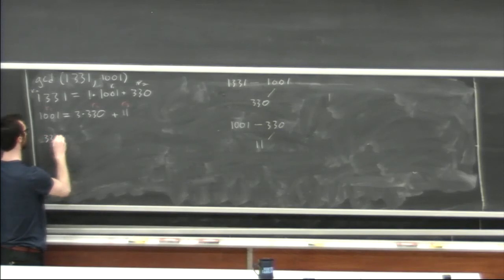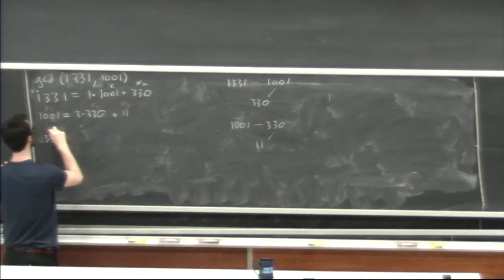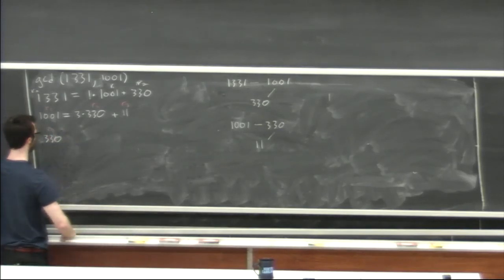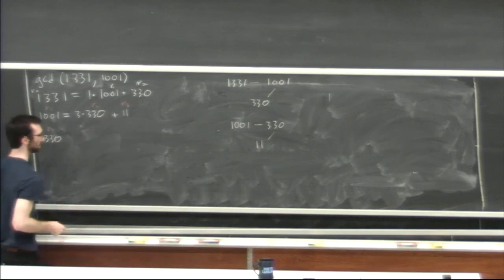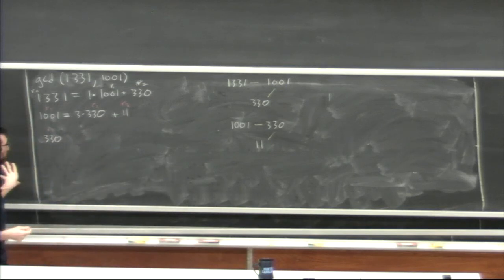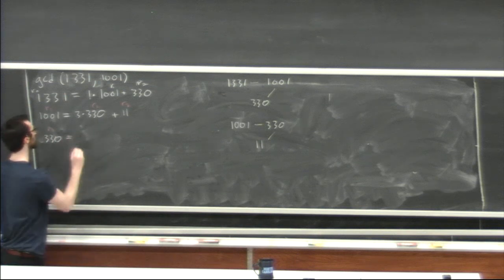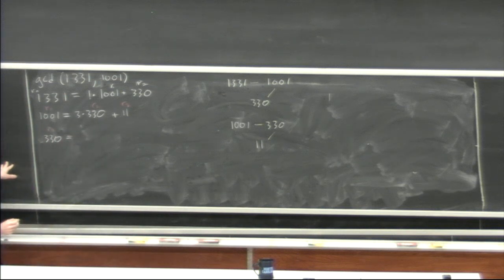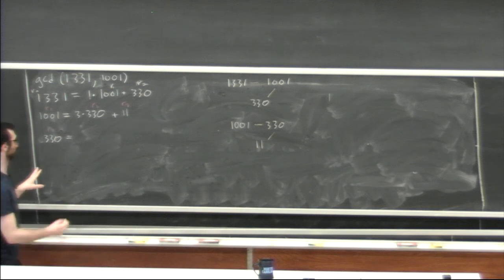Next, I repeat the process. I have 330, which is my R2. I want to think about how many times this is divisible by 11. Well, I think it's actually perfectly divisible by 11, because 11 times 3 is 33, and then I just multiply by 10.